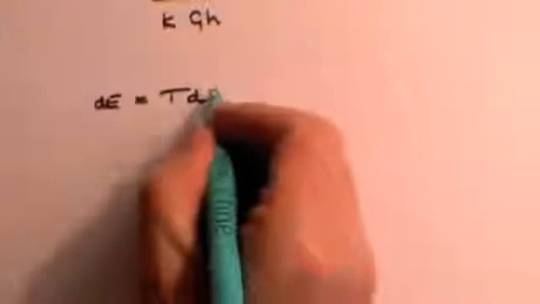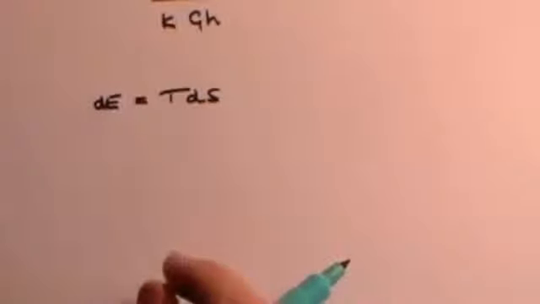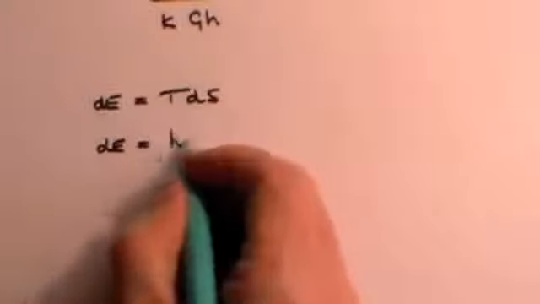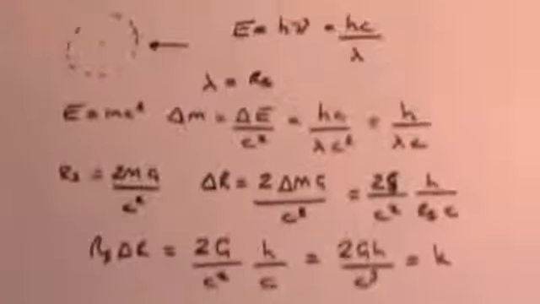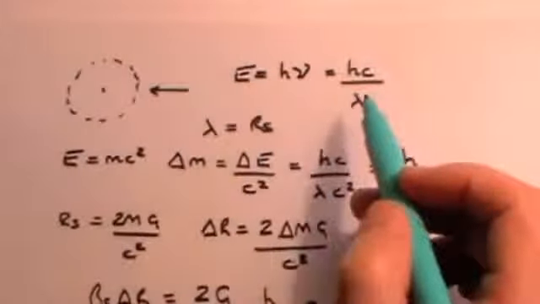We can also consider the temperature of the black hole. In our thermodynamics video, we derived the idea that the change in energy is equal to the temperature times the change in entropy. Now, for one photon of energy, the change in energy is hc over lambda. We didn't derive that here, we stated it because we've shown it in other videos.